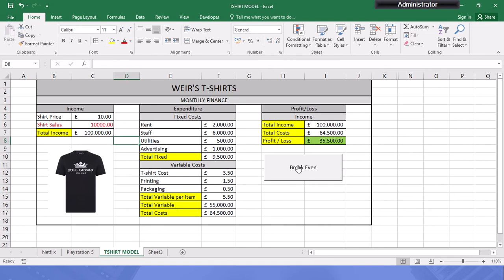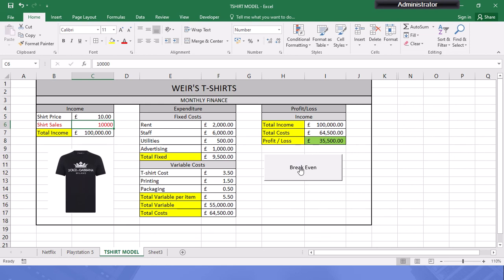If I click this break even button, what that's going to do is keep trying this number until this value gets to 0. So it's just going to keep playing around. It's going to change it from 10,000 to 9,999 and so on. It's just going to keep going down and down and down until that hits 0.